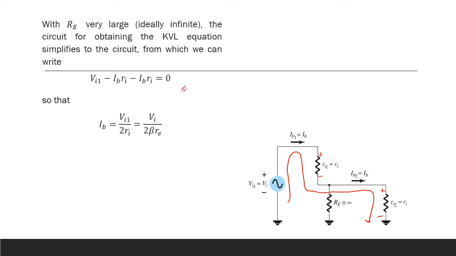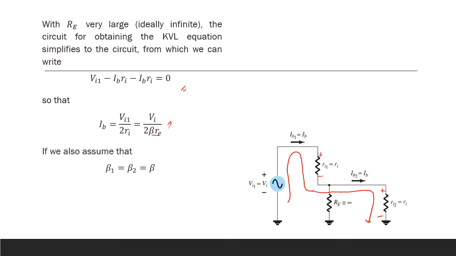Now, we know that IB, we can now extract IB, lagyan natin sa other side. So, we will have V in 1 over 2R in. And alam natin na yung V in naman equal lang din sa di ba? So, gawin na lang natin siyang V in since we only have one input. So, and we know that R in is equal to beta RE. So, substitute na natin. So, this is our formula for IB, or equation for IB rather.